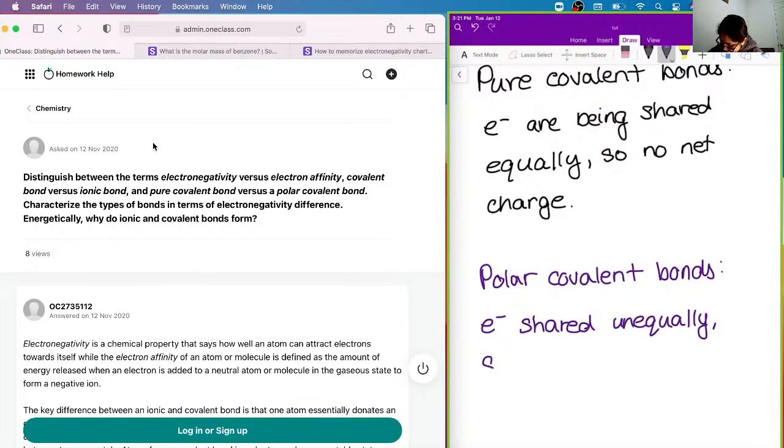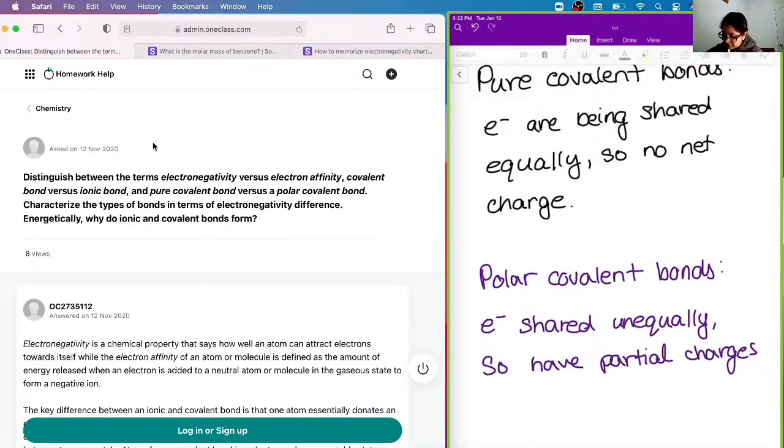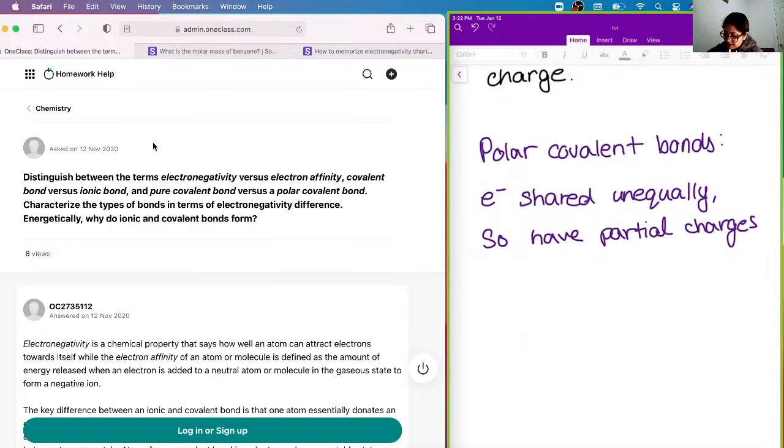So you still have partial charges between the atoms, and overall you have a net charge. And also, as one atom exerts a stronger force of attraction on the electrons than the other, this is where electronegativity comes into place. So in this case, electronegativity.